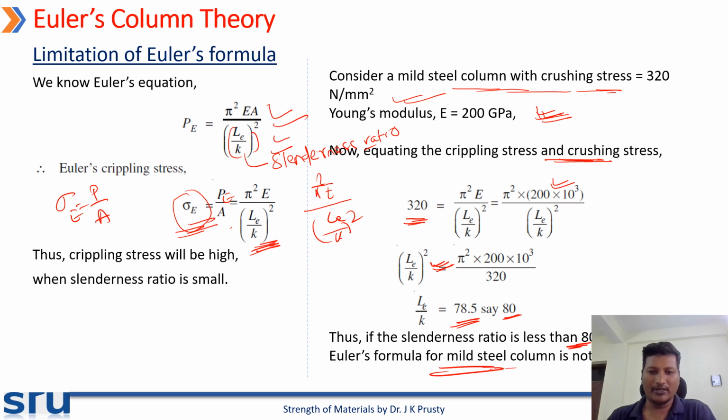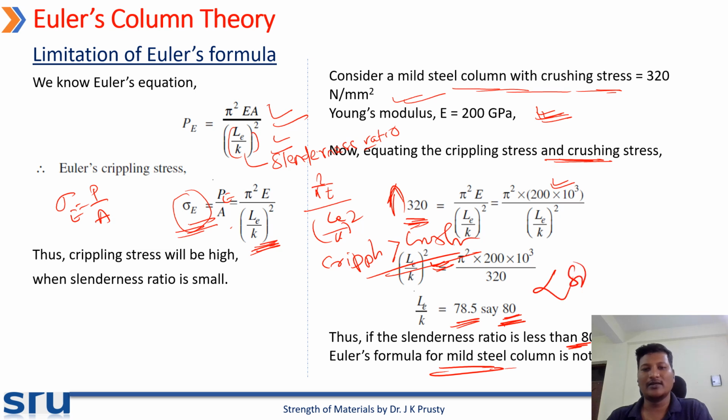If we use a slenderness ratio less than 80, this value will increase, but at no point will your crippling stress be greater than the crushing stress. So if the slenderness value is less than 80, Euler's crippling load formula is not valid.